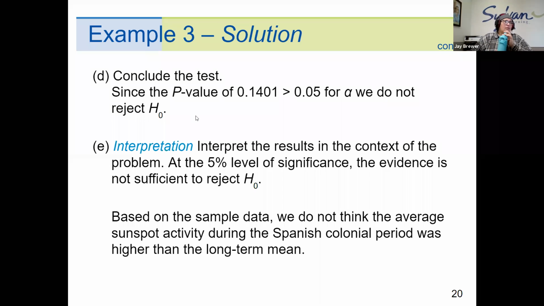This means that we interpret the results in the context of the problem. At the 5% level of significance, the evidence is not sufficient to reject the null hypothesis. Based on the sample data, we do not think the average sunspot activity during the Spanish colonial period was higher than the long-term mean.